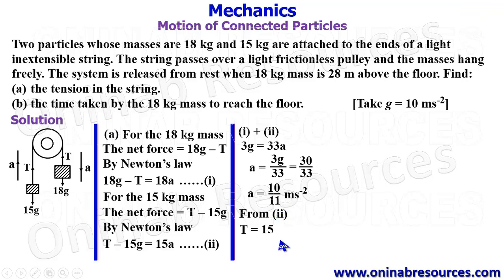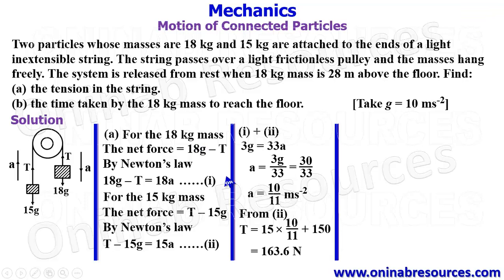So we have 15 times 10 over 11, plus 15 times 10, which is 150. Inputting this in our calculator, we have the tension to be 163.6 newtons as the tension in the string. And that's the end of the solution to the A part of the problem.